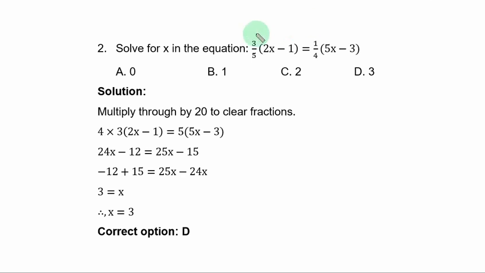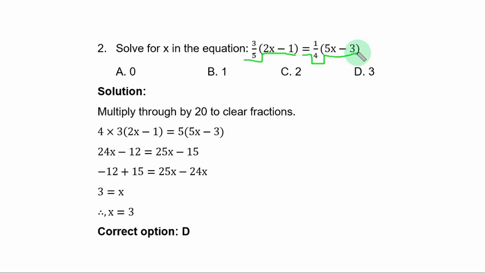Question 2. Solve for s in the equation 3/5 times bracket open 2s minus 1 bracket close equal to 1/4 times bracket open 5s minus 3 bracket close. Solution.